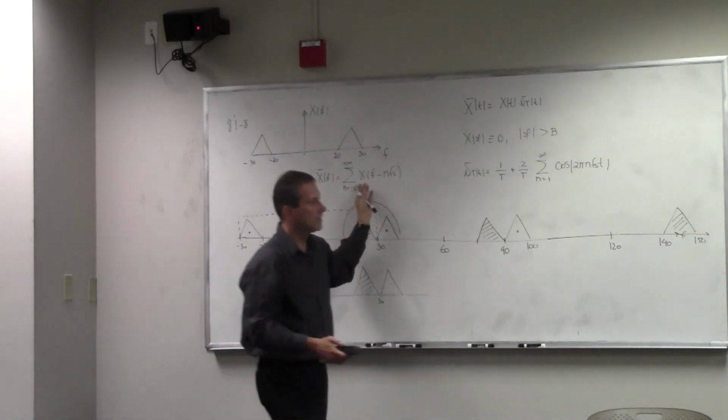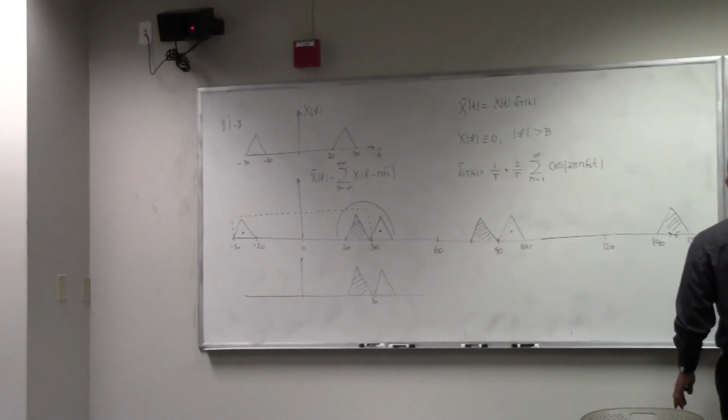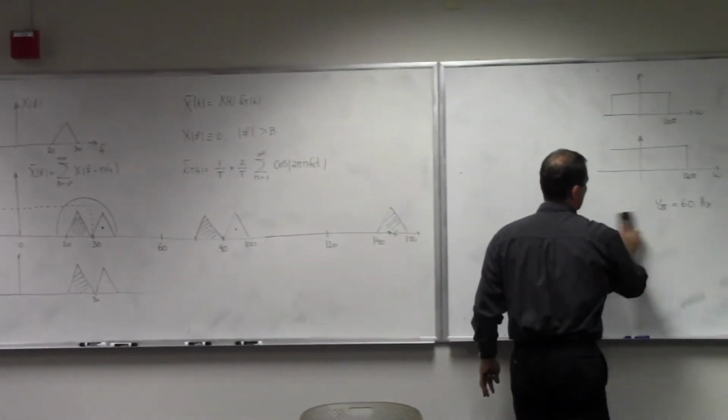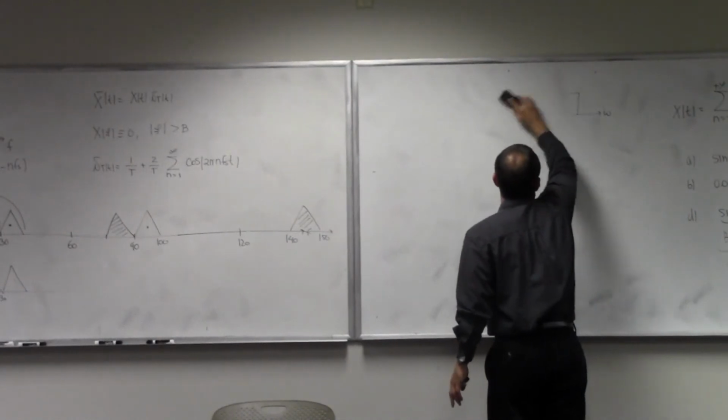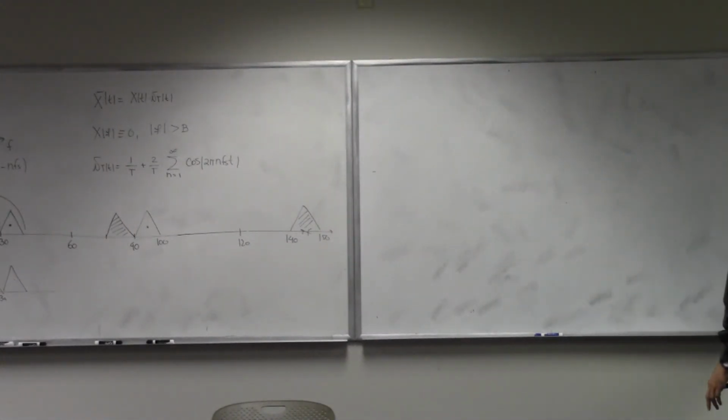Let me show you what I'm talking about. Let's say I need to transfer this particular signal over a large distance, right? And I want to save bandwidth in my transmission.